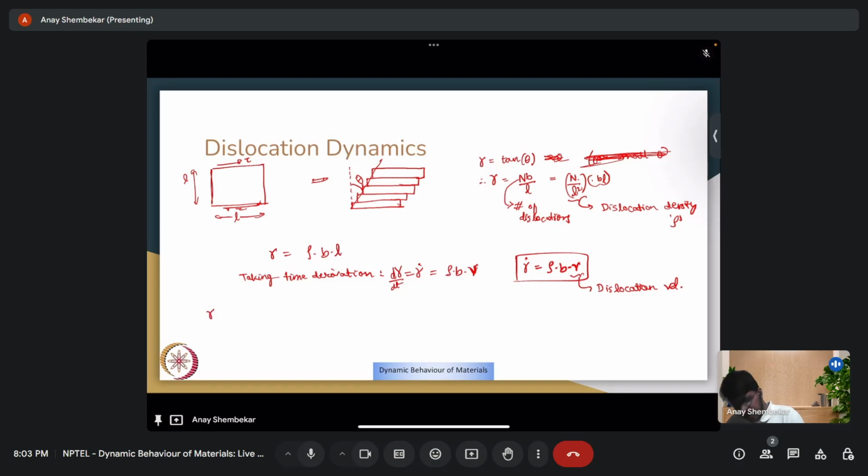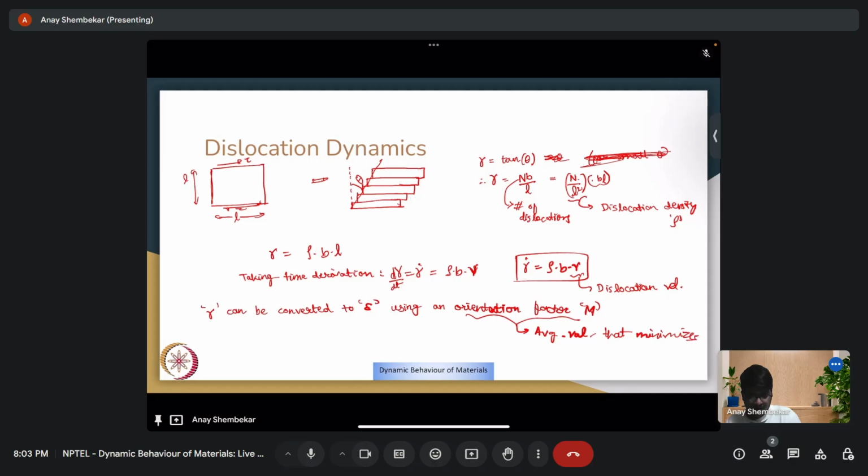Another thing is that this gamma strain rate can be converted to epsilon strain rate using an orientation factor, which is called M. The orientation factor refers to the average value that minimizes deformation energy.